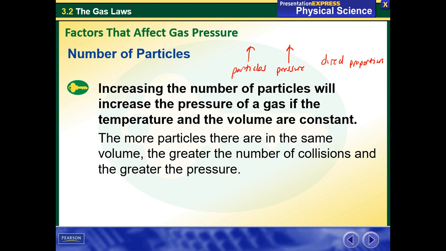If you add more particles and keep the volume the same, you're adding more things to be able to collide with one another. So our number of collisions go up, and therefore we have more pressure. So we have to understand this relationship. It would be like if I took 2 other classes and brought them in the classroom with you, you're more likely to hit something or run into something because there's more bodies in the room.